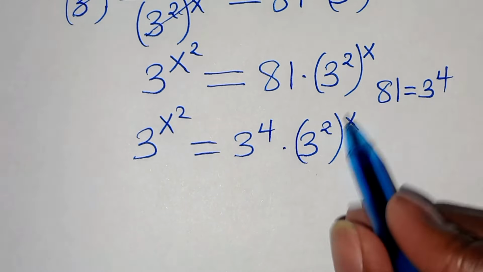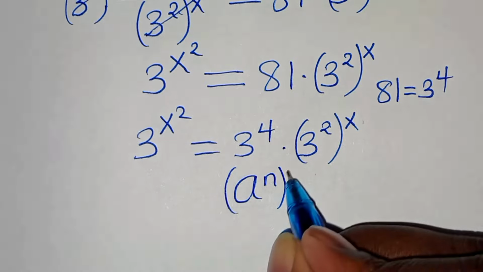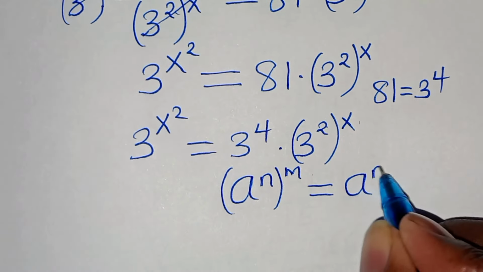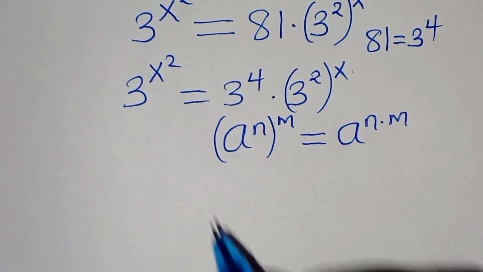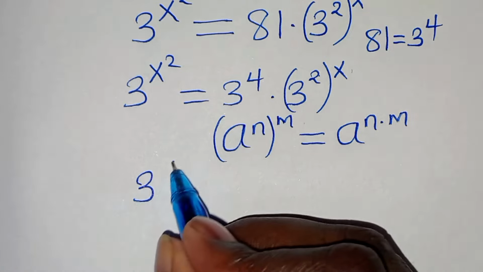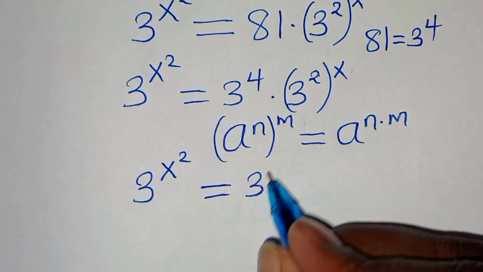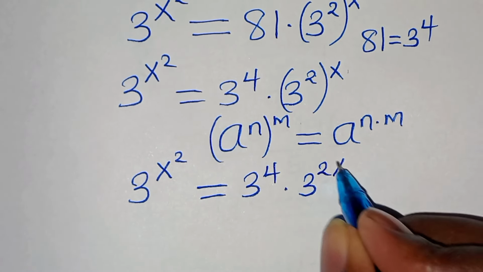This 3 to the power of 2 to the power of x is in the form of a to the power of n raised to the power of m, which we can express as a to the power of n times m. So this implies we have 3 to the power of x squared equal to 3 to the power of 4 times 3 to the power of 2x.